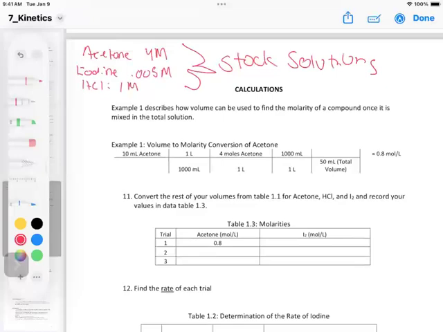So we need to find out, when it's all mixed, what was the initial concentration. For a dilution, we should use the equation M1V1 equals M2V2. You can also do it with the train track method, but I find that's a little more complicated.